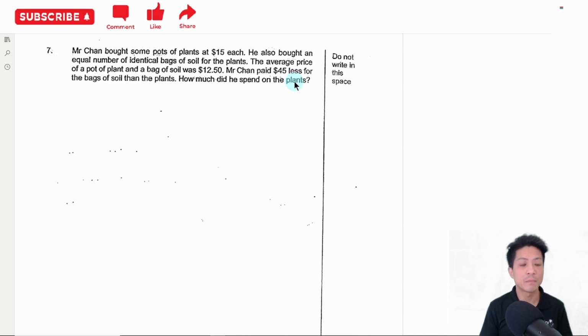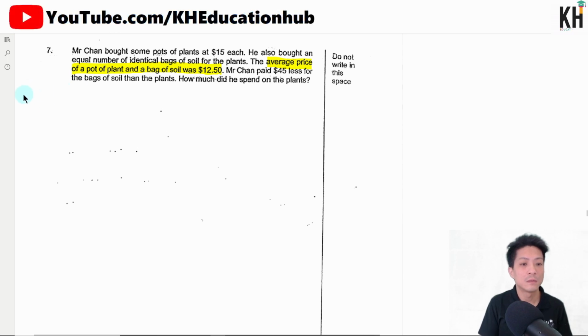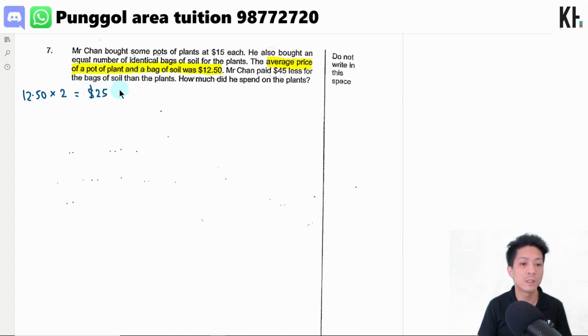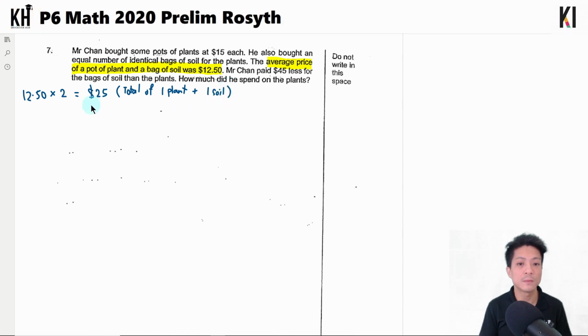The average price of a pot of plant and a bag of soil is $12.50. So from this sentence here, I know that if I use $12.50 times 2, I'm gonna get $25. This is the total of 1 plant plus 1 bag of soil.